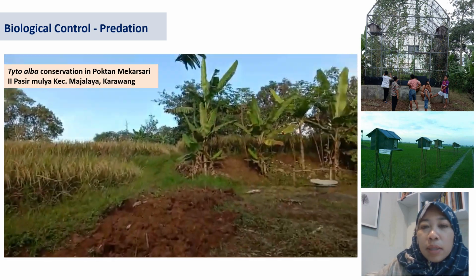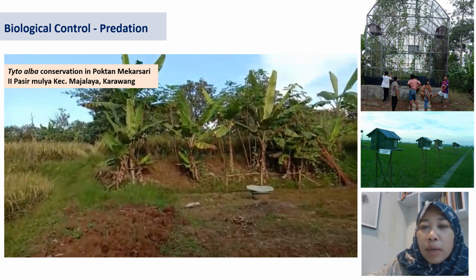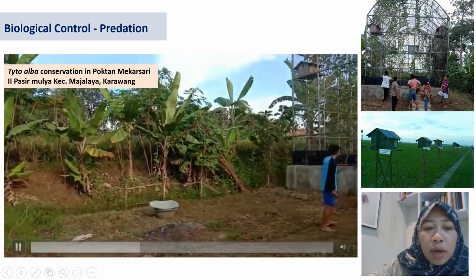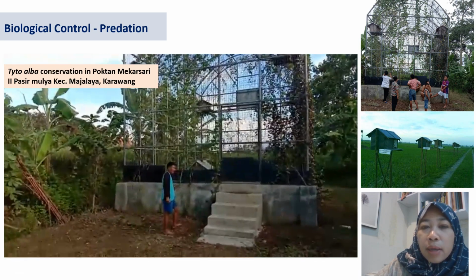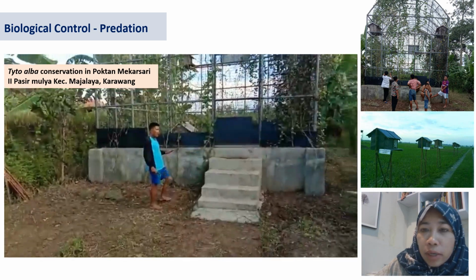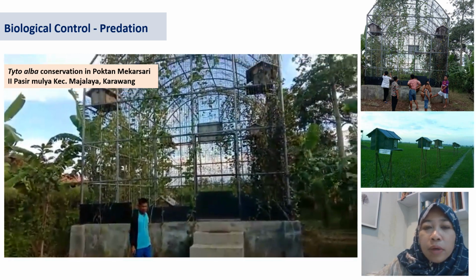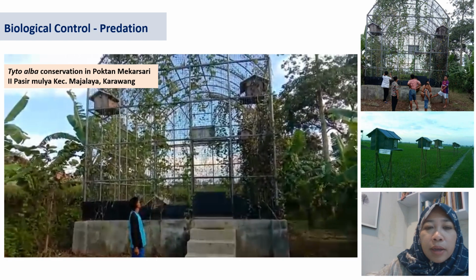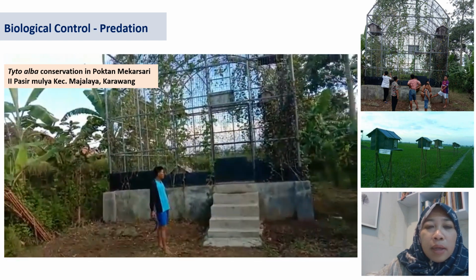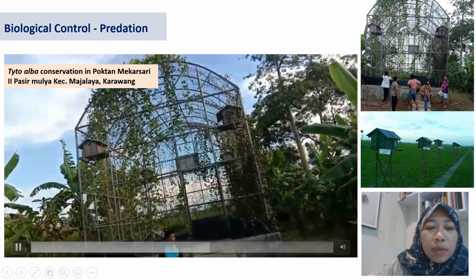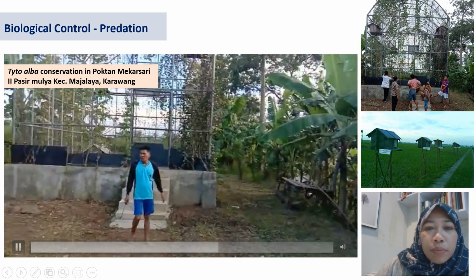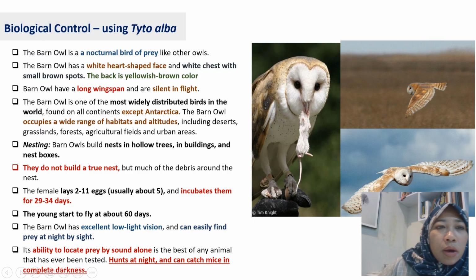So this is the government. The government works with the farmers, and they build this huge nest for the breeding of the Tyto alba. Yes, this is the nest of Tyto alba. The biological control using Tyto alba.